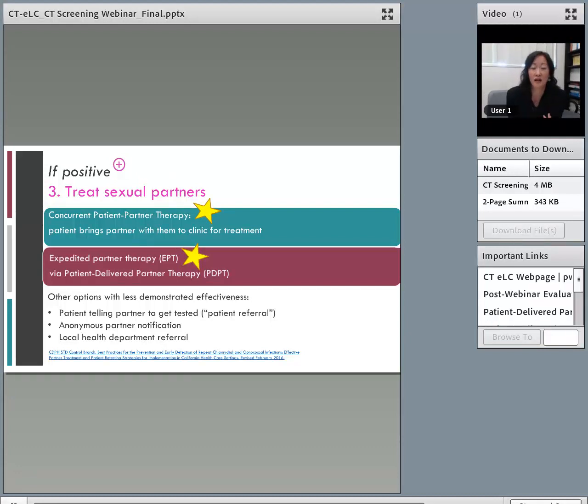But this doesn't work that well if someone has multiple partners, and I'm going to tell you this from personal experience, where I told a patient to bring in their partner and they brought in both partners, not letting either of the partners know that there was another person involved.